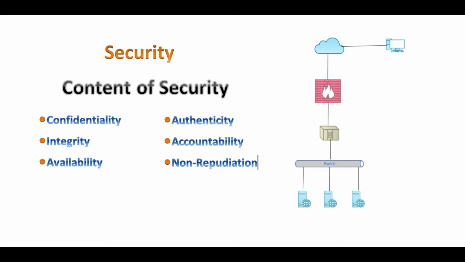Security is about integrity. Security is about availability also, right? In availability, the aim is always to make the resources available to the right parties. So if you are dealing with a load balancer, you are still dealing with the availability part of security.